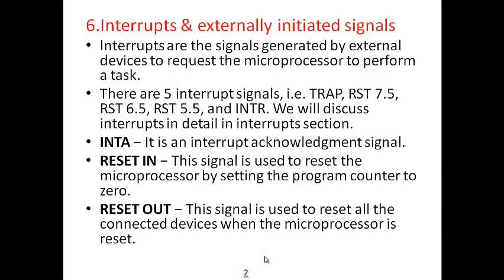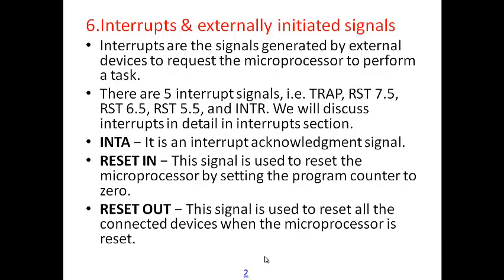Then reset in and reset out. Reset in means resetting inside. This signal is used to reset the microprocessor by setting the program counter to 0. As we discussed earlier, the program counter tells which line is to be executed next.